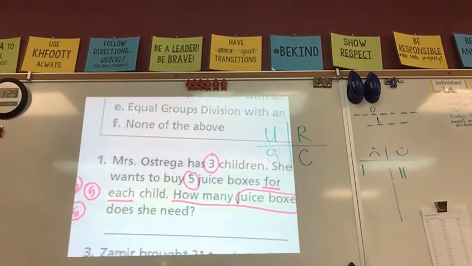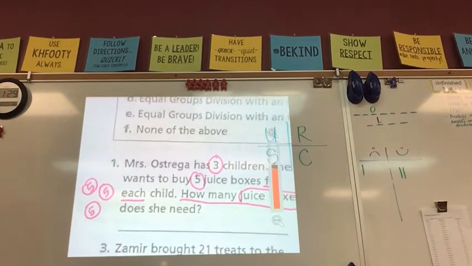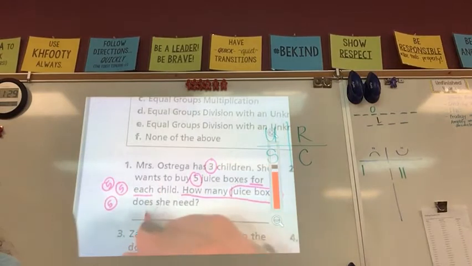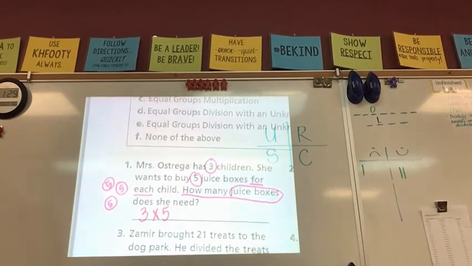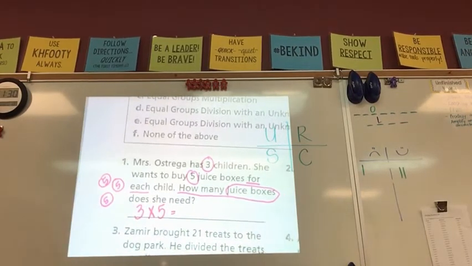And I know that if I have 3 groups of 5, my multiplication equation would be 3 groups of 5, or 3 times 5. I could solve this a couple ways. We've been doing the 5 shortcut because that was the first one we learned, so I have it memorized.